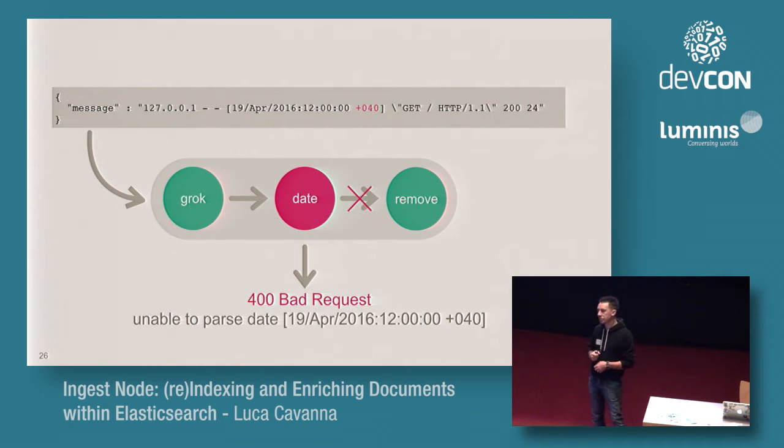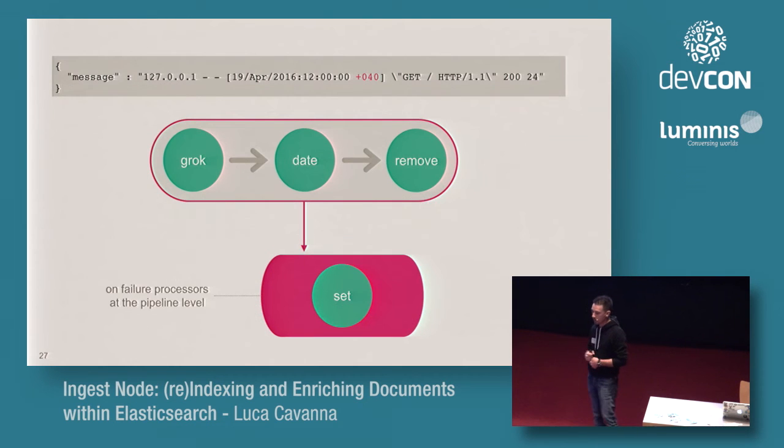We can change this behavior, though. We can, for example, declare an onFailure element at the pipeline level, which means if anything goes wrong within this pipeline, this is what you should do. And what you should do is expressed in the form of a set of processors again. In this example, we only have a set processor, which could forward the document to a different index called failures.